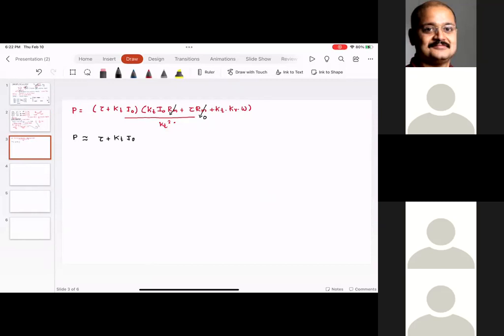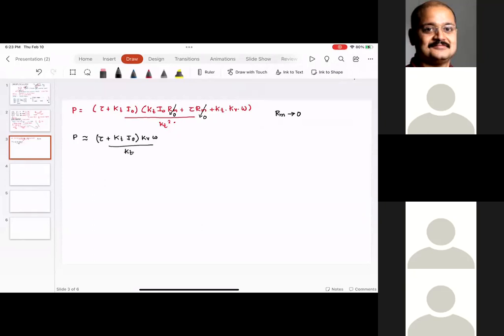So this becomes 0, this becomes 0, leaving Kv omega divided by Kt. So this is the first level approximation, where you can assume the motor resistance Rm to be 0, and this gives you the equation for power.